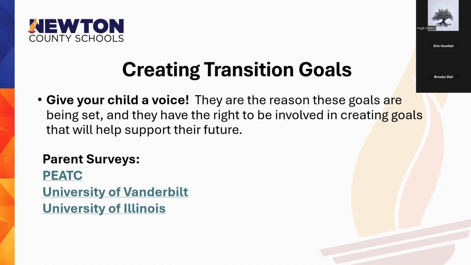These are hot links that you can go to and find parent surveys built by various entities. Please make sure you take advantage of those. If not, you can also ask your case manager. They should have at least one parent survey that they can have you fill out as well.